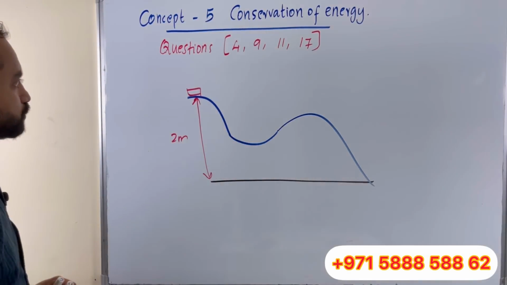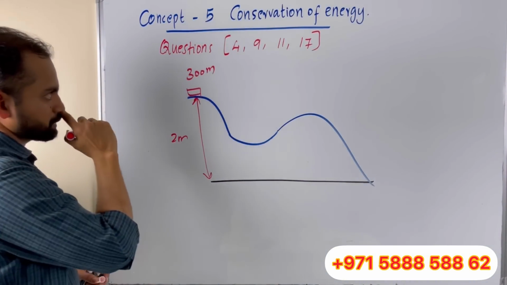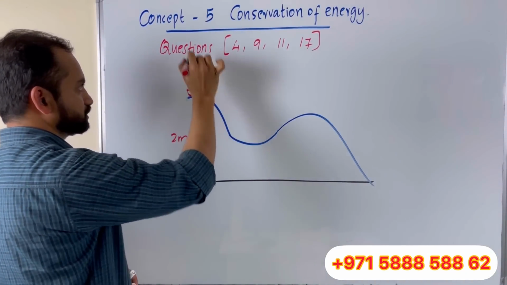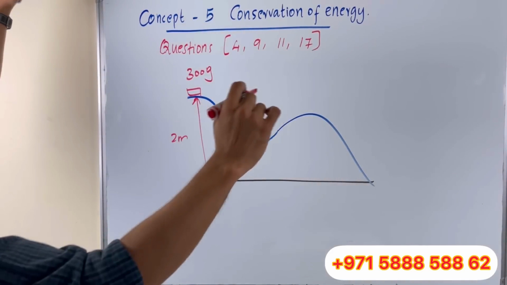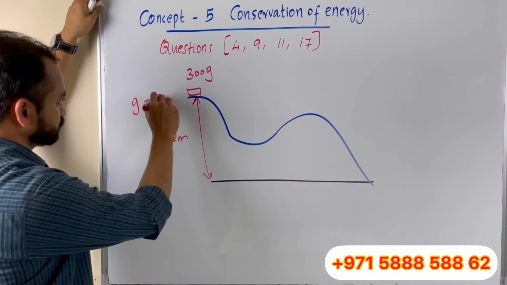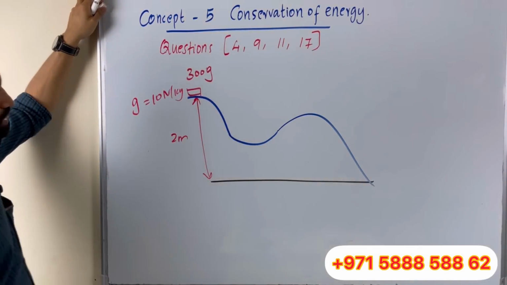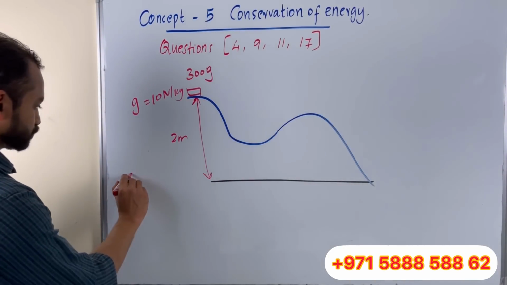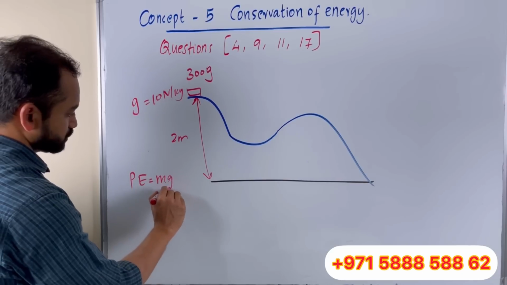The mass of the toy car is, for example, 300 gram, sorry, 300 gram, and the value of g we will take as 10 Newton per kilogram. So what will be the potential energy at this point? The potential energy is equal to mgh, right, mg delta h.